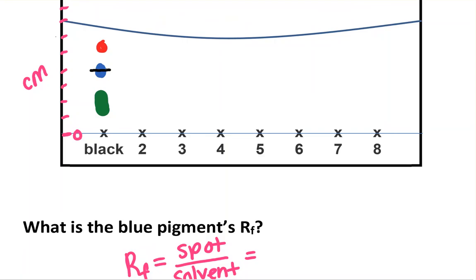I could draw an X, but a line. Choose the middle of that, and then you're going to measure this distance here. And then over the same spot, you should measure the distance of the solvent. Notice that the solvent front is not always straight. It's usually kind of dipped. And so you're going to have to get that distance over each of those because it'll be different.